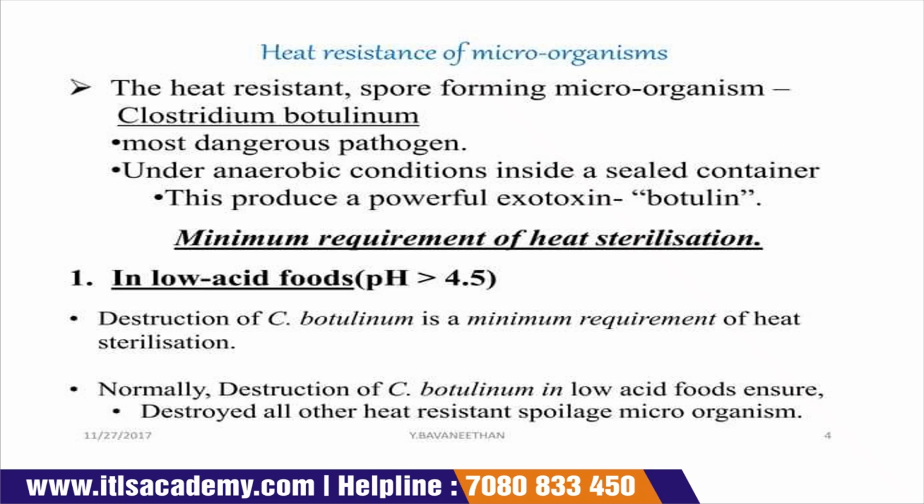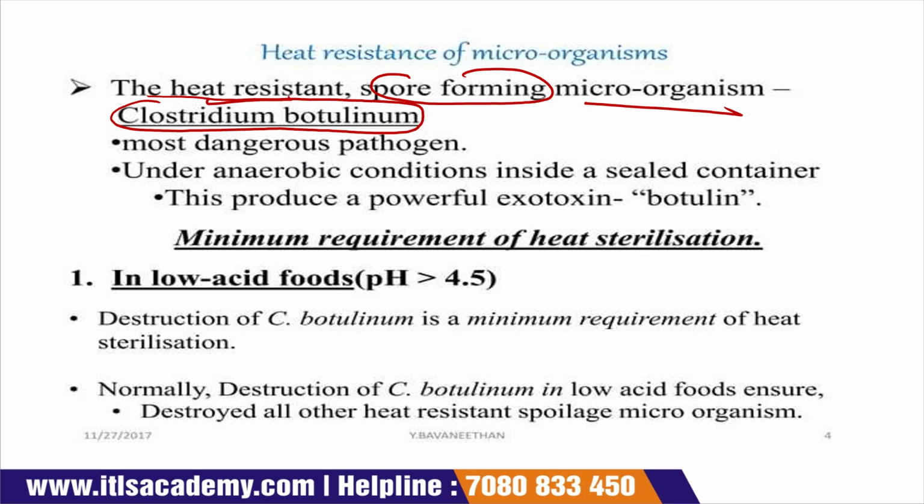Heat resistance of microorganisms. The first one is heat resistance. The heat resistant spore forming microorganism is Clostridium botulinum. Clostridium botulinum is a bacterium which is heat resistant, and it is a spore forming microorganism.